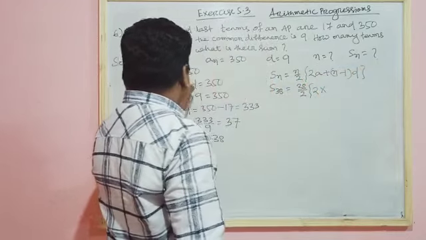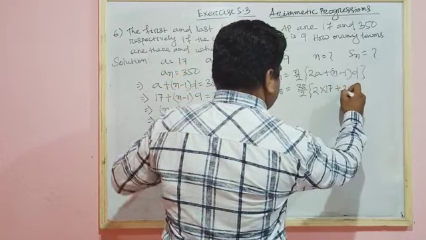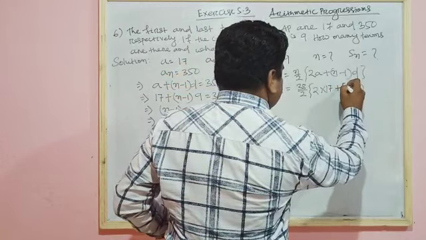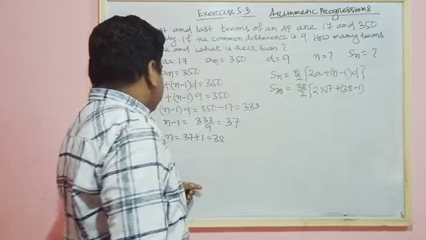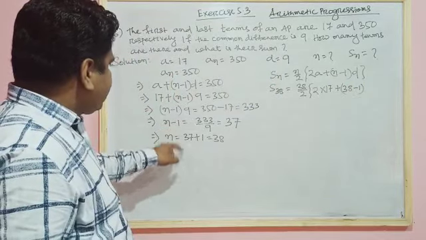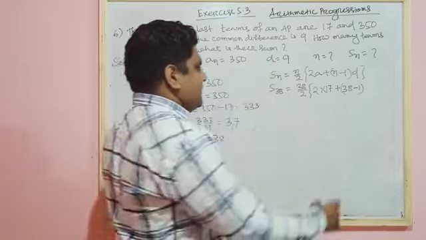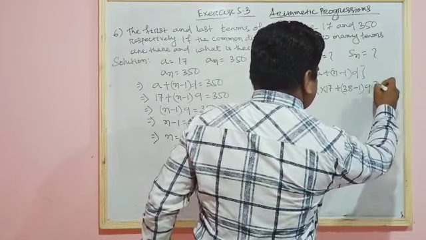In place of a we will write 17 plus (n minus 1), 38 minus 1, into d). D is how much? D is 9.